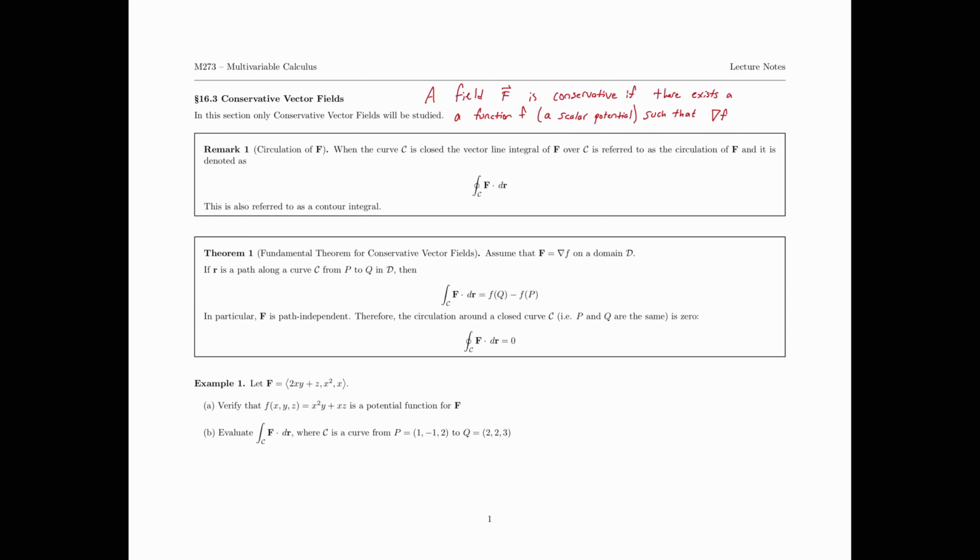So a field capital F is conservative if there exists a function f, a scalar potential, such that the gradient of this scalar function is that vector field capital F.